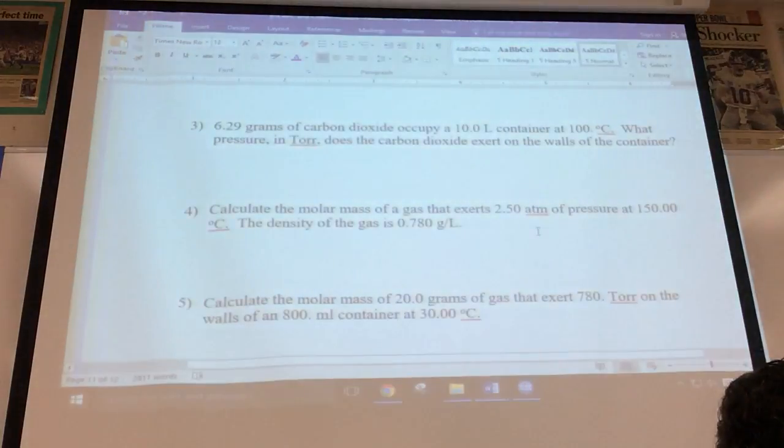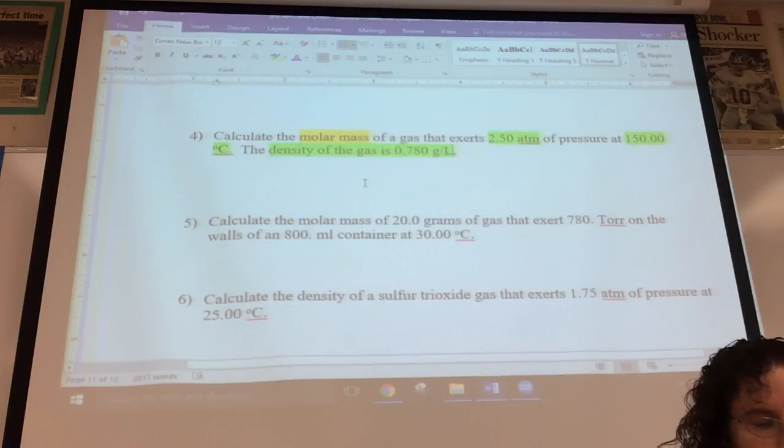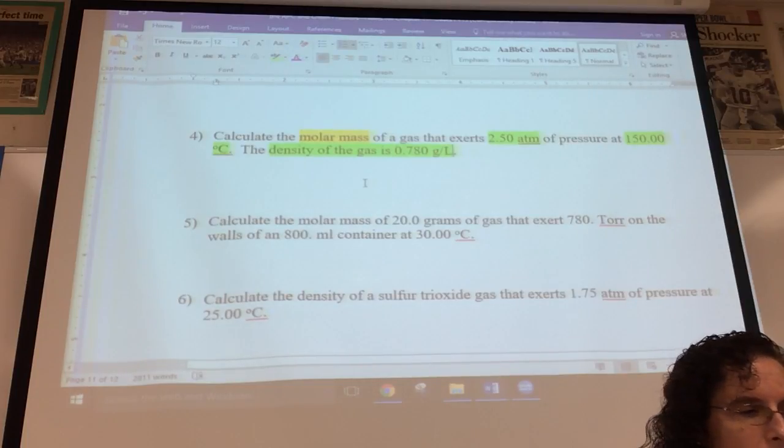Number 4 says calculate the molar mass, that's what we're looking for, of a gas that exerts 2.50 atmospheres of pressure at 150 degrees Celsius, and the density is 0.780 grams per liter. So again, let's get that information down. On number 4, we're looking for molar mass.